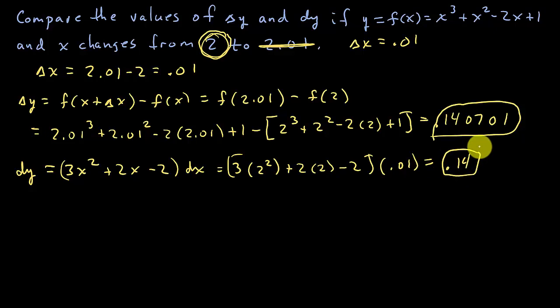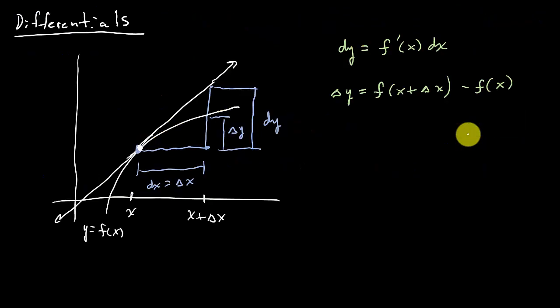What it's showing you is that these two values aren't that far off. This is the difference from here to here, and you can see they weren't off by much. So we can get a pretty accurate calculation from dy.